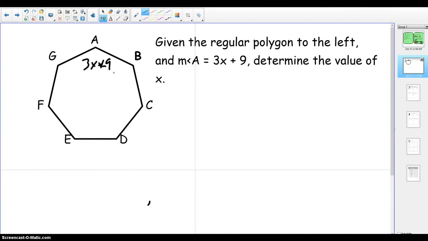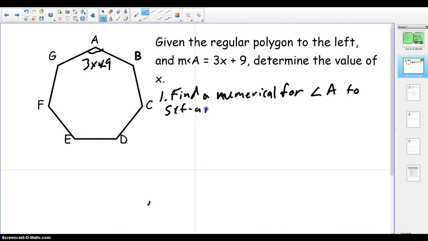The way that I'm going to approach it is trying to figure out a single value for measure of angle A. That way we can set up the transitive property. So, find a numerical value for angle A to set up the transitive property.